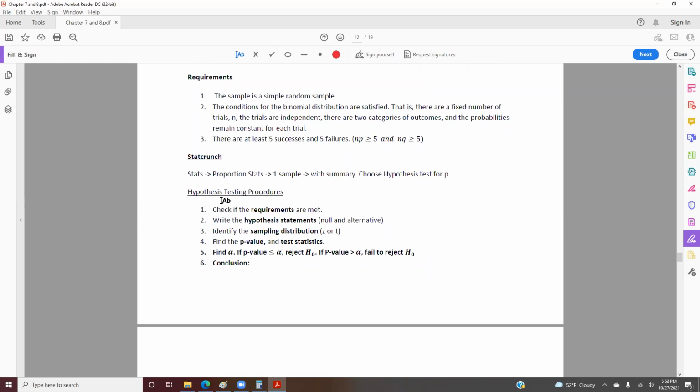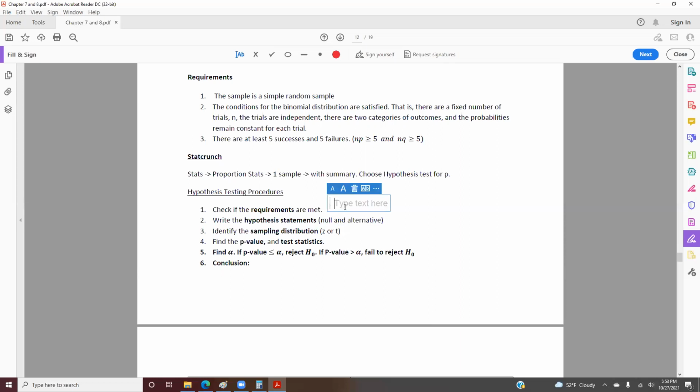That's your first step. The second step is to write the statement. There are 2 hypothesis statements you have to write. One is called the null, and one is called the alternative. The third step is what kind of sampling distribution are we using? We only have 2 choices, Z or T, which we learned today.